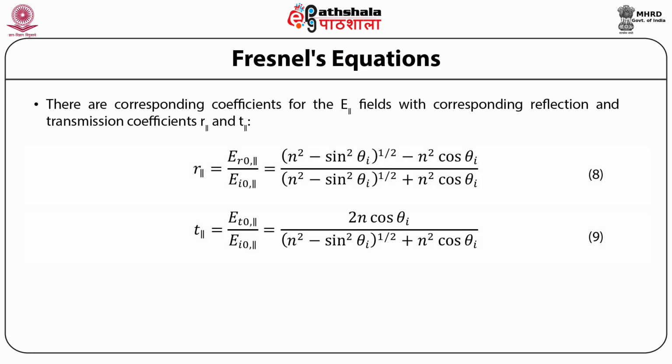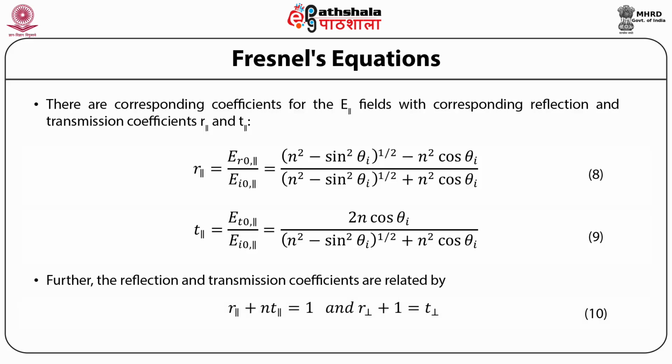There are corresponding coefficients for the E parallel fields, with reflection and transmission coefficients r parallel and t parallel. r parallel is equal to E r0 parallel divided by E i0 parallel, which is equal to (the square root of (n square minus sin square theta I) minus n square cos theta I) divided by (the square root of (n square minus sin square theta I) plus n square cos theta I), and t parallel is equal to E t0 parallel by E i0 parallel, which is equal to 2n cos theta I divided by (the square root of (n square minus sin square theta I) plus n square cos theta I).